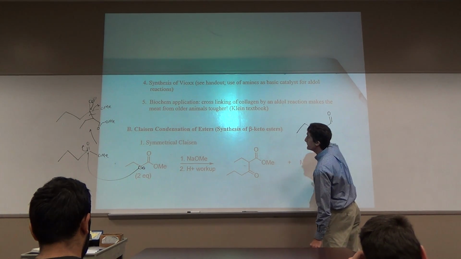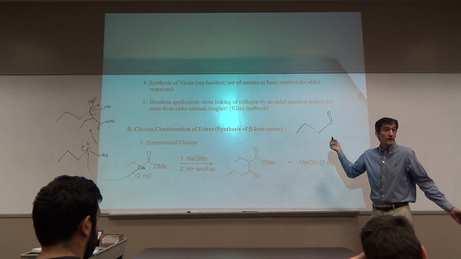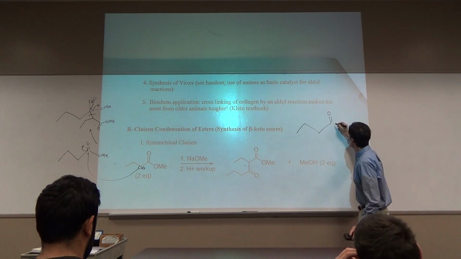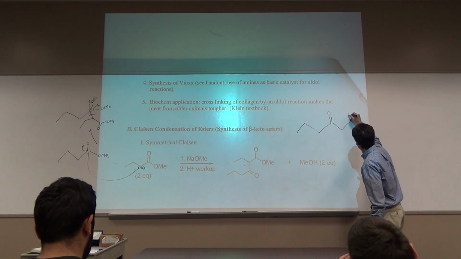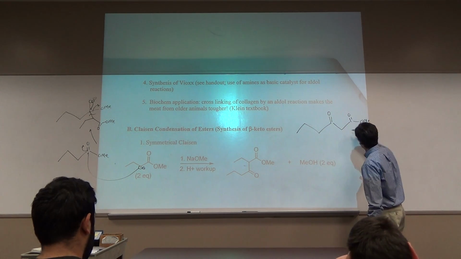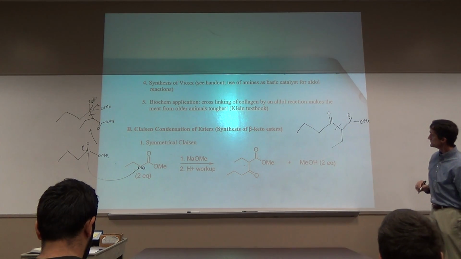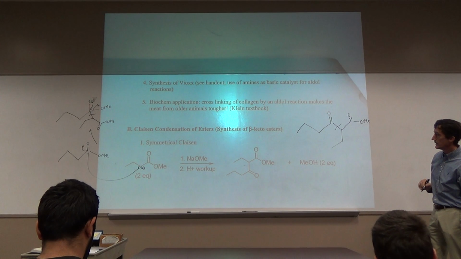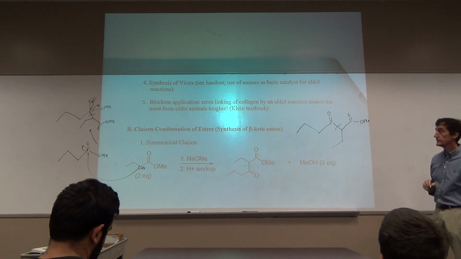Attack. Bonded to the carbonyl is now that nucleophile. We just replaced the O-methyl with the nucleophile. But the nucleophile is the enolate, which looks like that. We just made that bond by an acyl substitution, like we did a month ago.